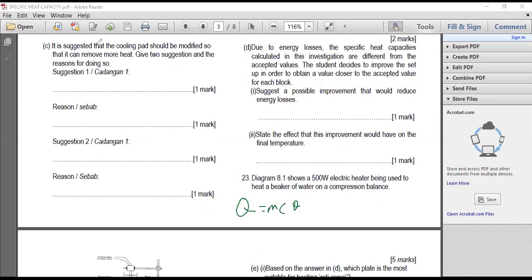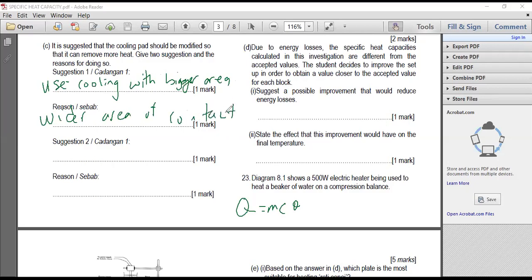First, you can say use a cooling pad with a bigger area, that means a bigger area of contact.